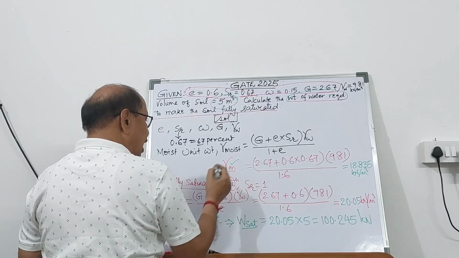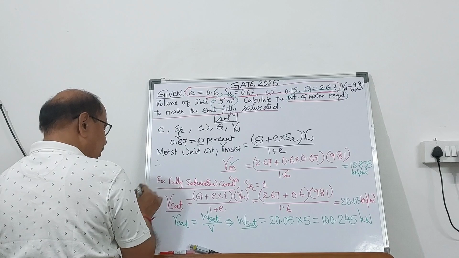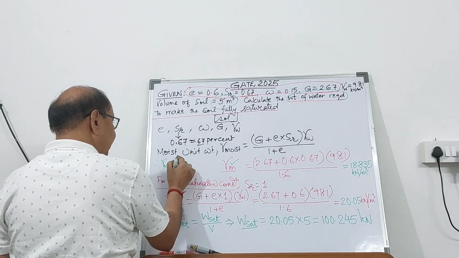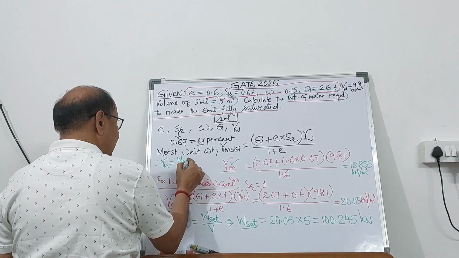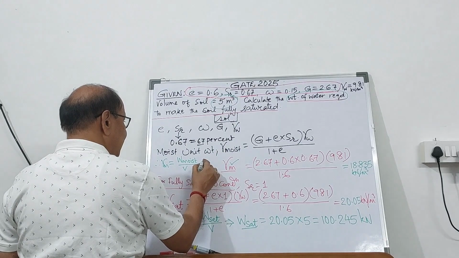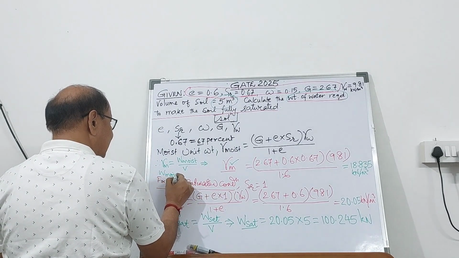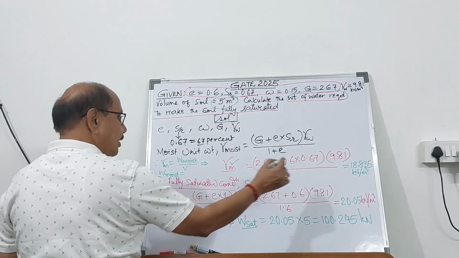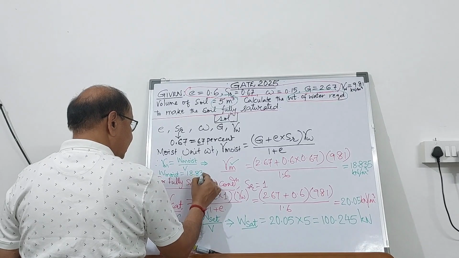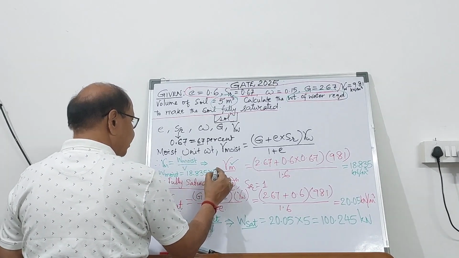Now you know gamma moist, therefore weight of moist soil mass you can find out. Gamma m will be weight of moist soil per unit volume. So this implies that weight of moist soil will be 18.835 multiplied by V, that is 5.